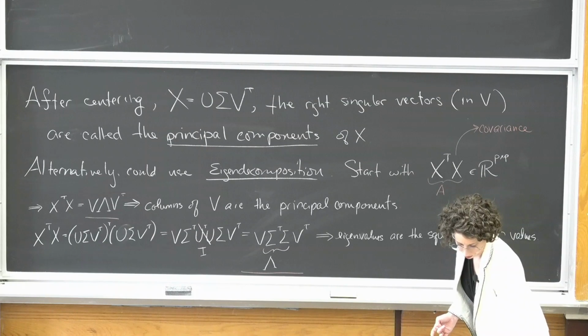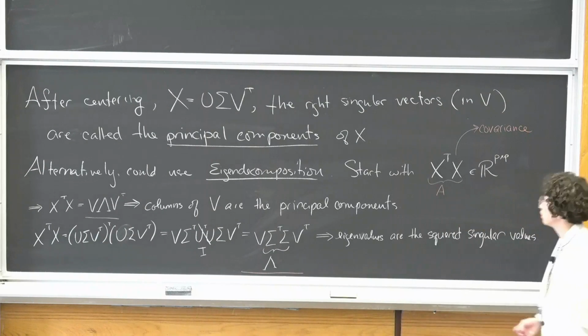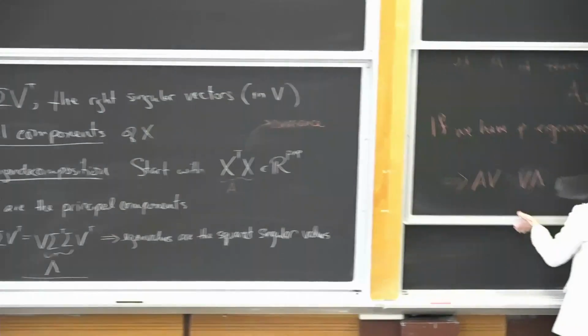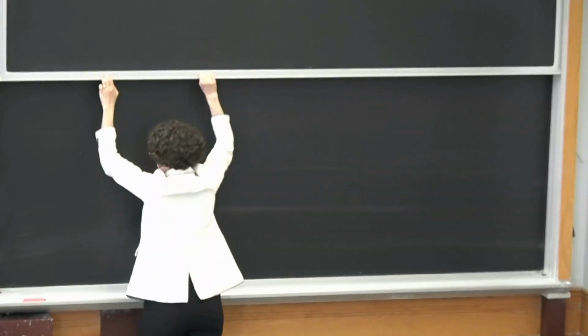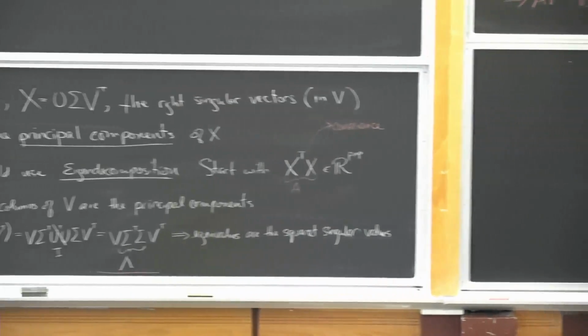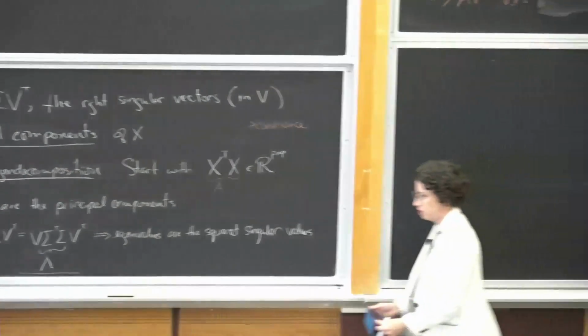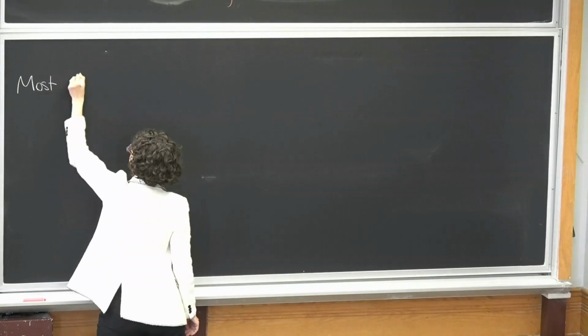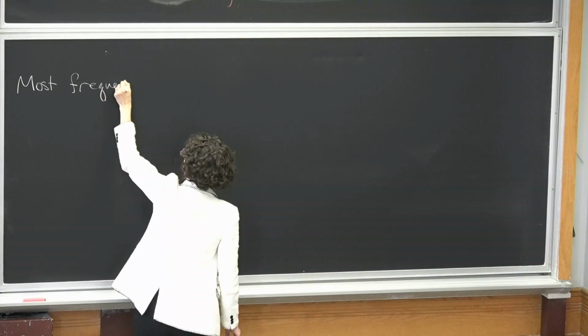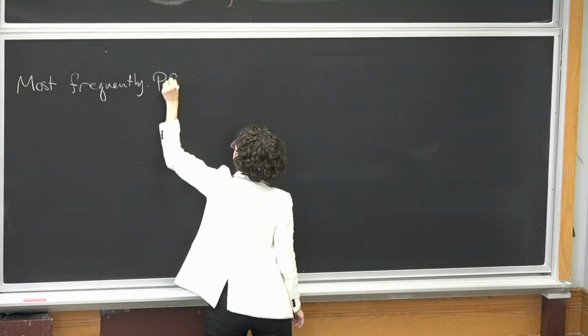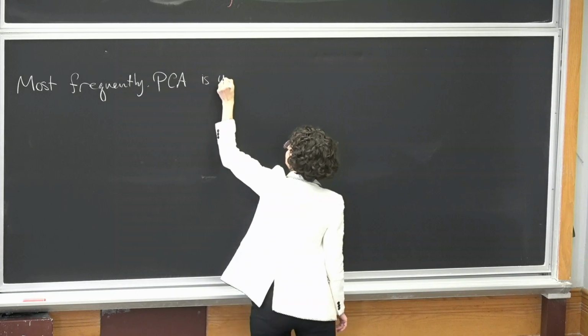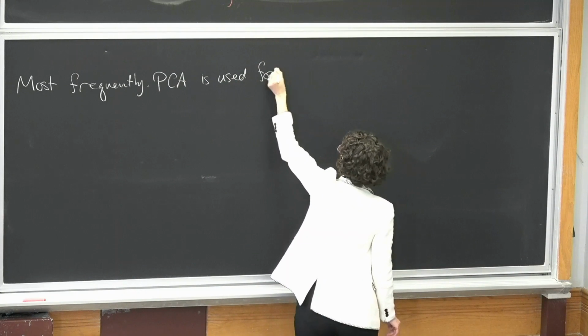All right. So now what I want to talk about is some of the ways that people use principal components analysis in the context of machine learning. Most frequently, principal components analysis is used for dimensionality reduction.